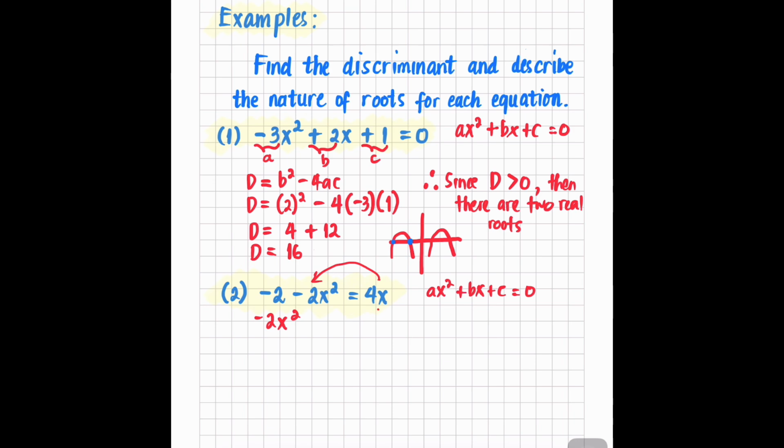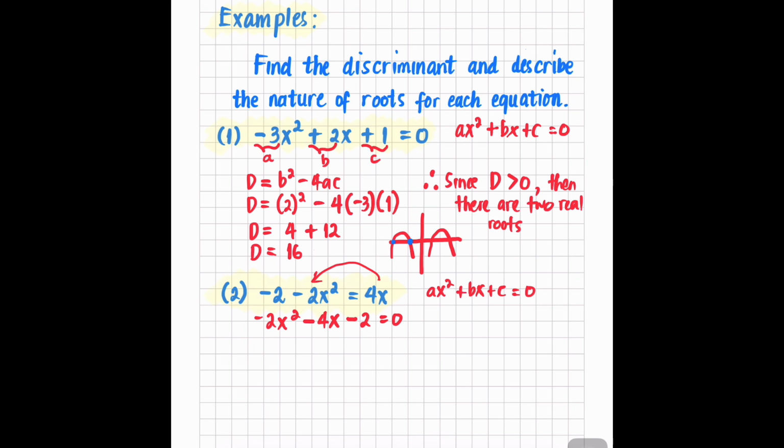By applying the subtraction property of equality, we subtract both sides by 4x, or just simply move the 4x from the right-hand side to the left-hand side, and you need to change the sign to opposite. So from positive, it will become negative. Then negative 2 is already on the left-hand side, so just copy negative 2, then equate it to 0.